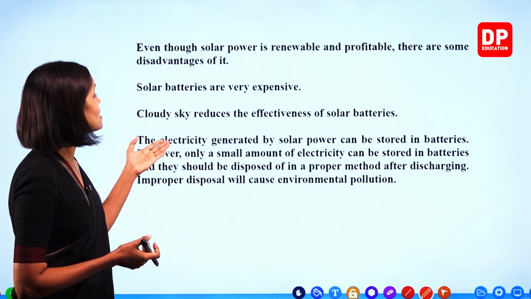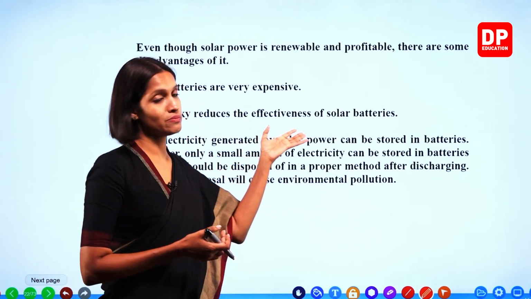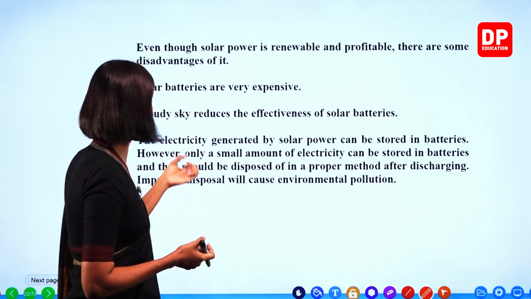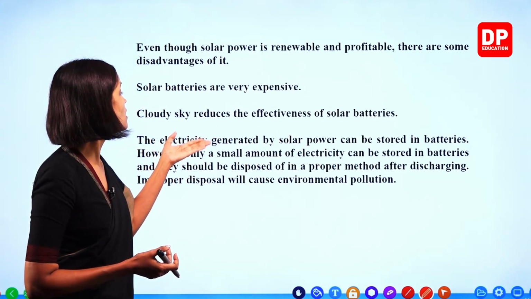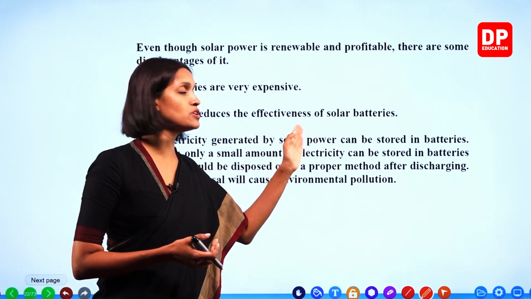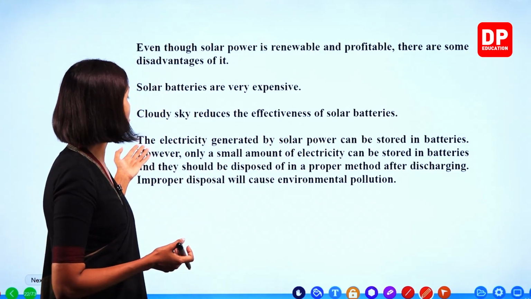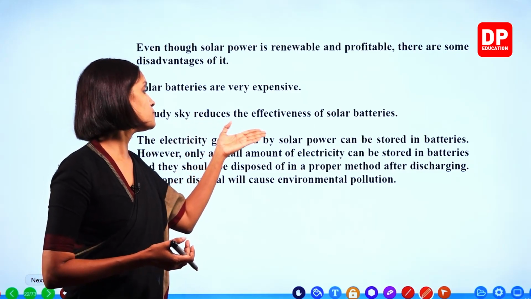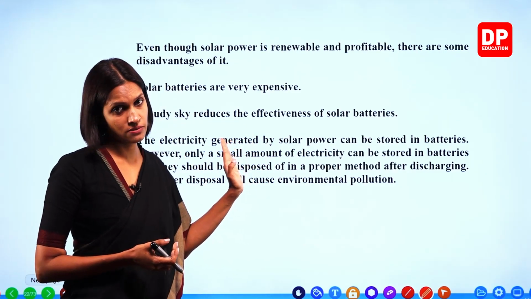The electricity generated by solar power can be stored in batteries, which is a good thing, but however, only a small amount of electricity can be stored in batteries, and they should be disposed of in a proper method after discharging.